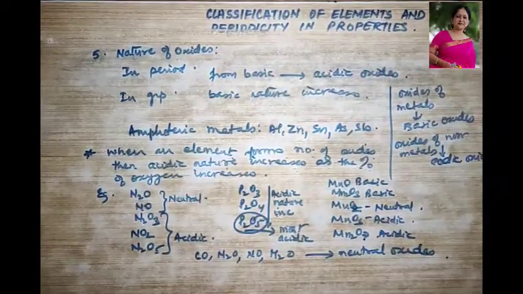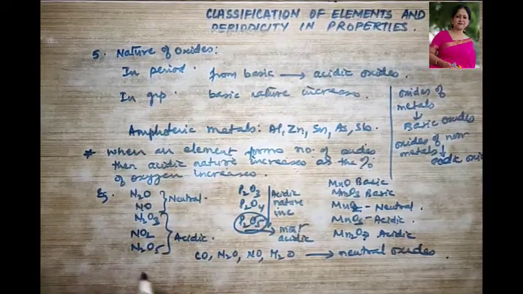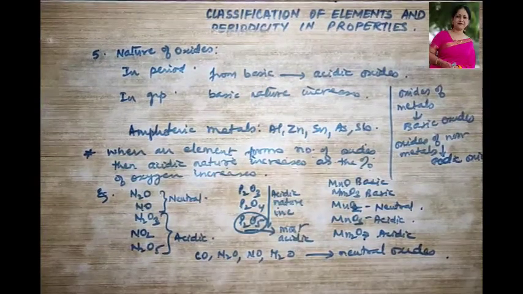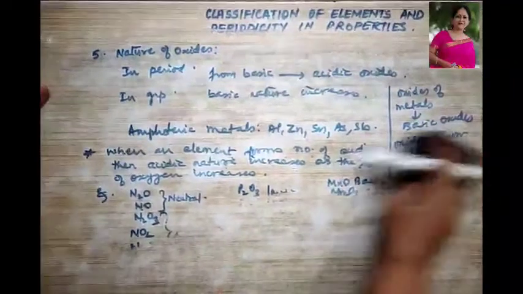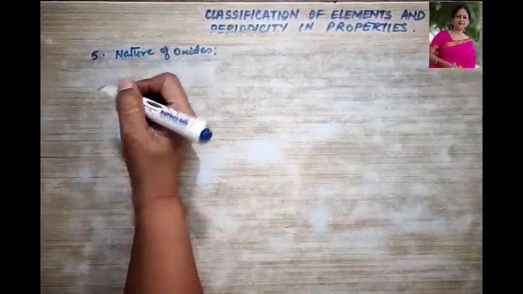Then let's talk about certain acid anhydrides. So, let us understand how acids are formed.